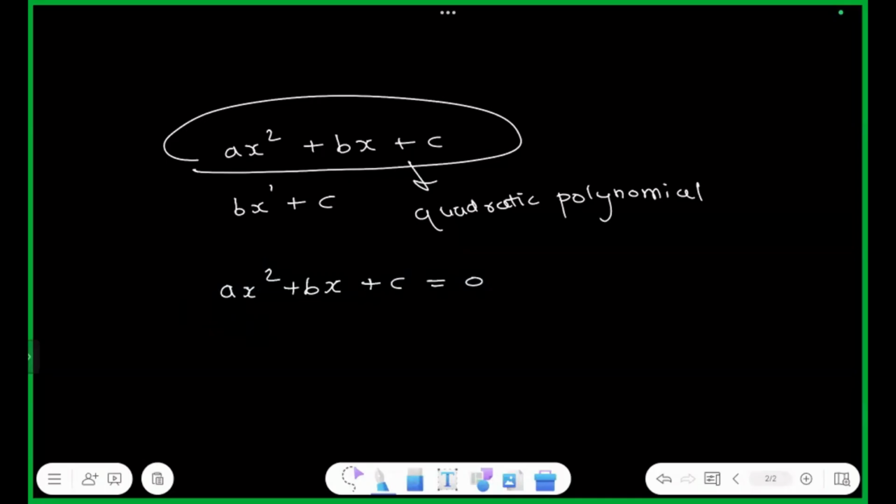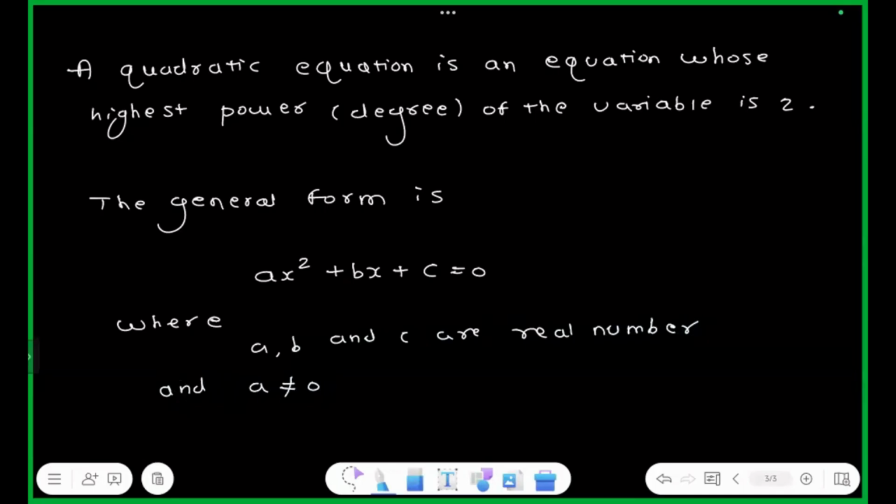The moment we put an equal sign and make the polynomial equal to 0, it becomes an equation. Since the highest power of the variable is still 2, this will be known as a quadratic equation. So from this we can write the definition. Write down: a quadratic equation is an equation whose highest power or degree of the variable is 2.